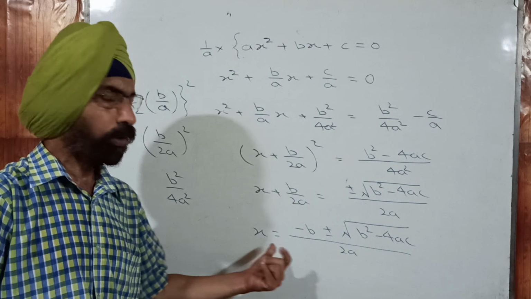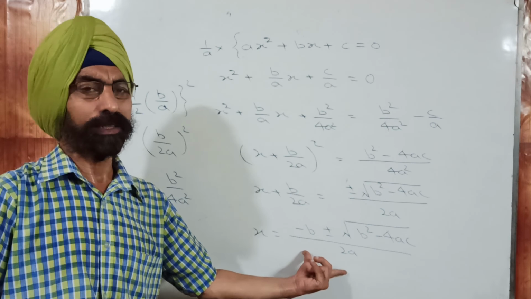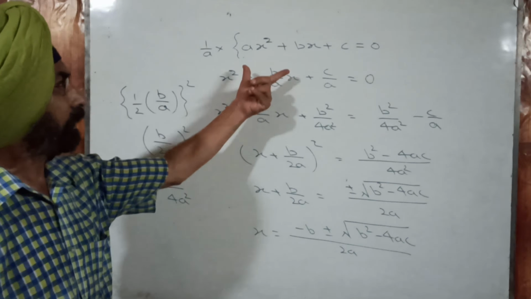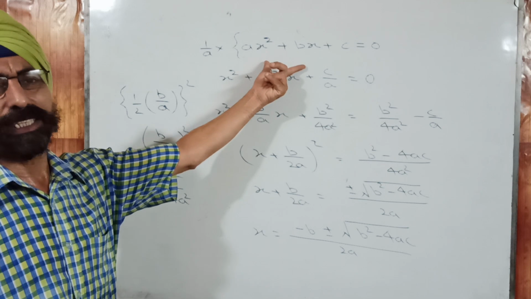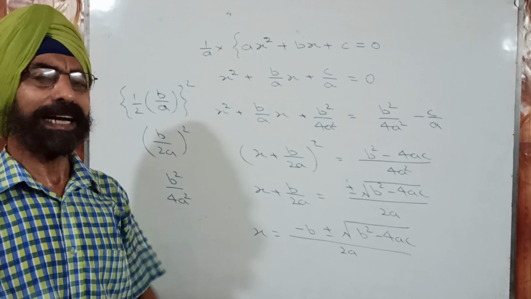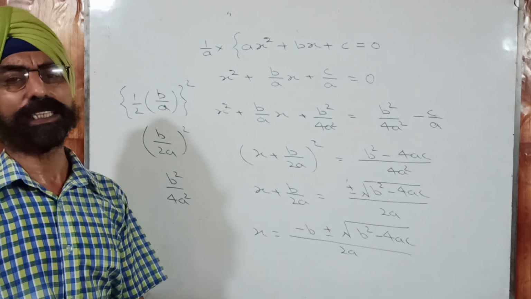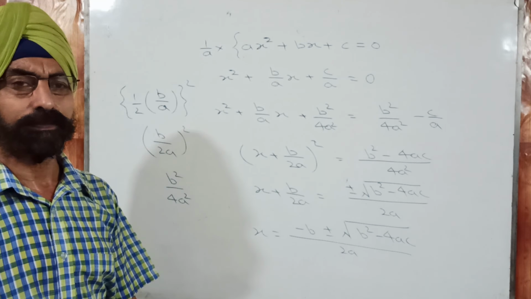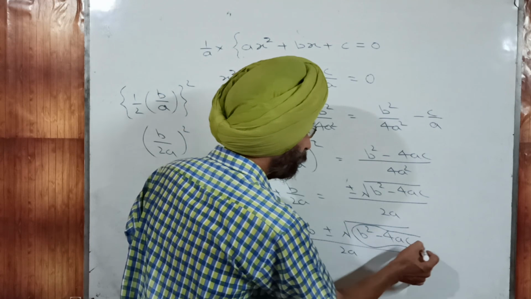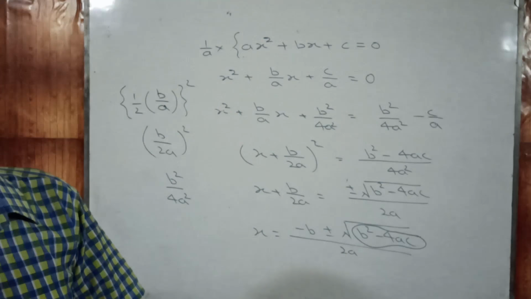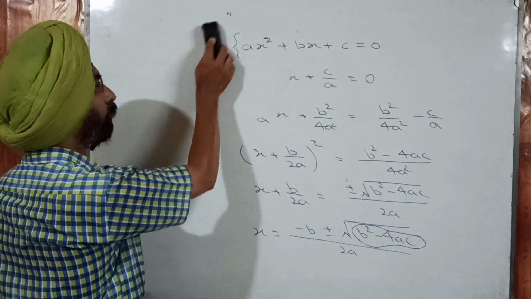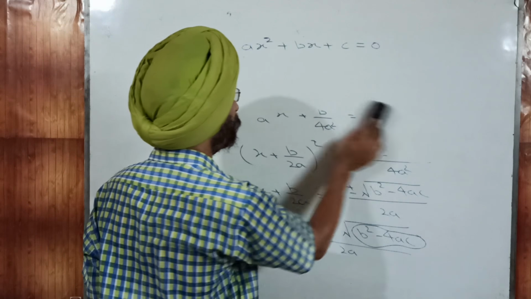So you will get two values for x from this expression on the right hand side, and these will be the roots of the equation which we have mentioned in the starting, that is ax square plus bx plus c is equal to 0, and that will be the solution of this quadratic equation. Now this term within the square root, that is b square minus 4ac, is called the discriminant of this quadratic equation.